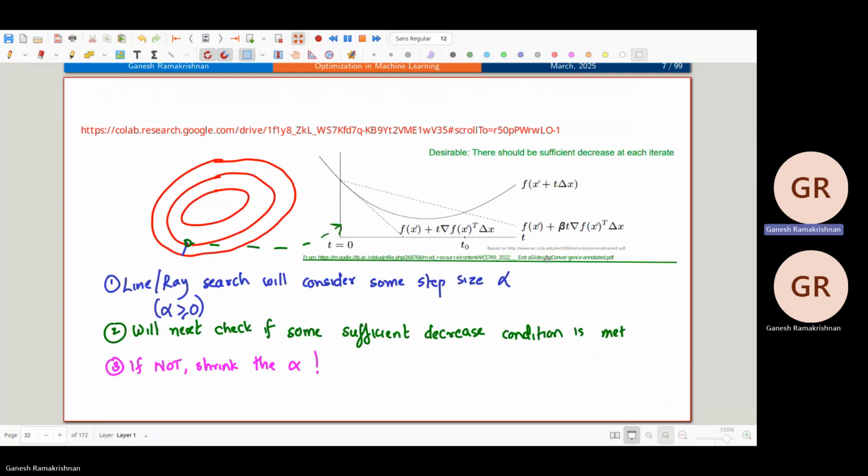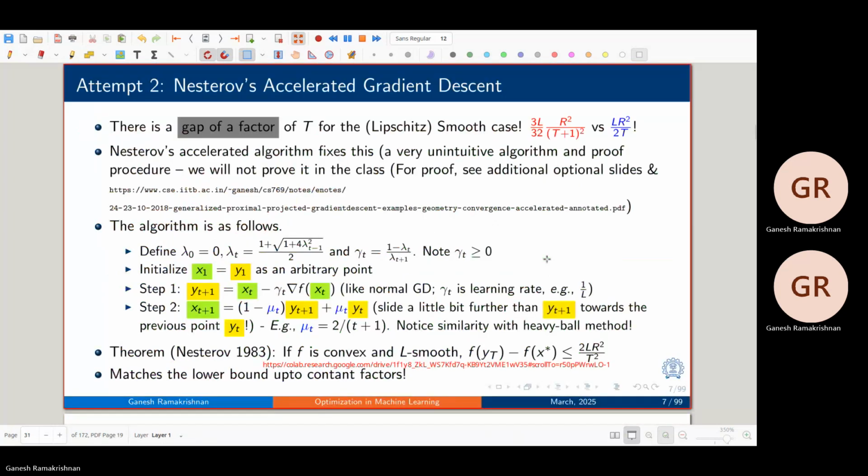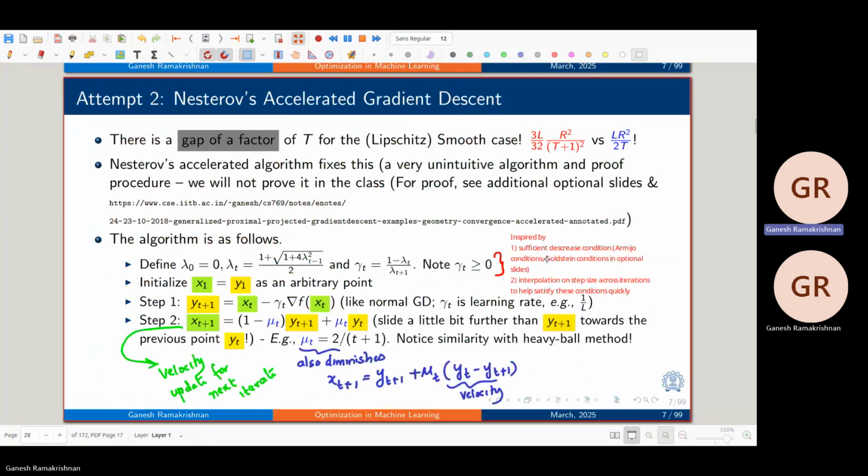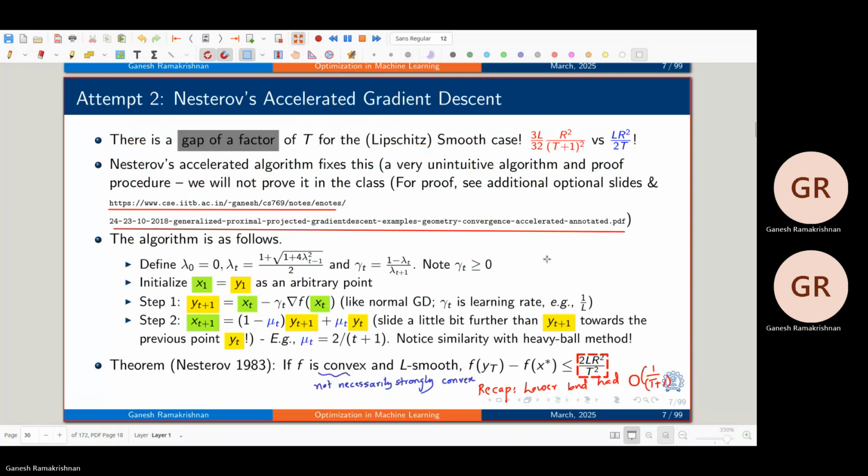If it's not decreasing enough, it'll heuristically shrink alpha. Whereas in Nesterov, the gamma is being shrunk through the lambda. The effect of shrinking the gammas is through the lambdas.